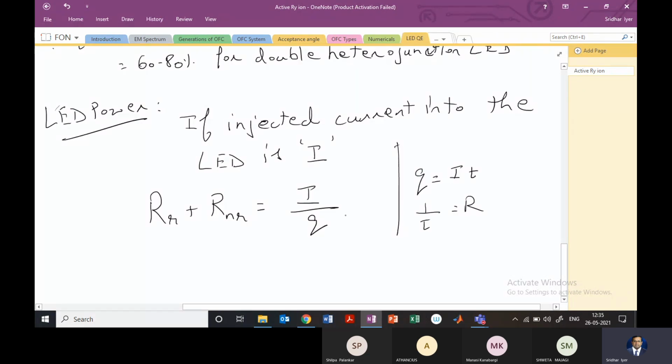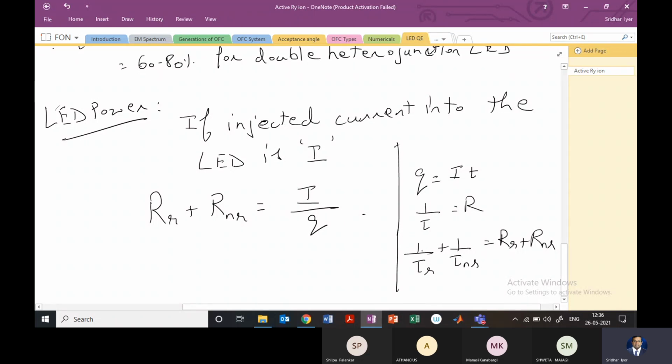Therefore 1 by tau R plus 1 by tau NR will just become R_R plus R_NR, using that equation.